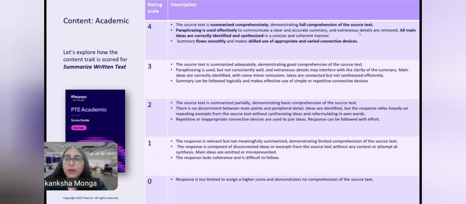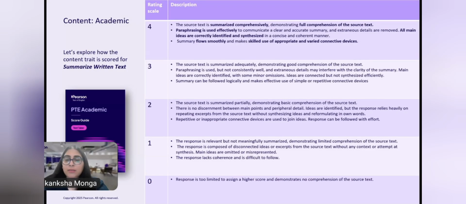So there has been no attempt to identify what the main points are or to show your own understanding of it. And the main ideas are either omitted, which means they have not been included, or they are misrepresented. By that, we mean that they have either been misunderstood or they have been left out of the answer entirely.